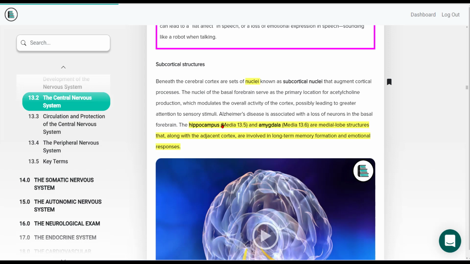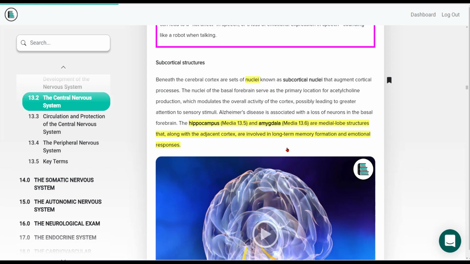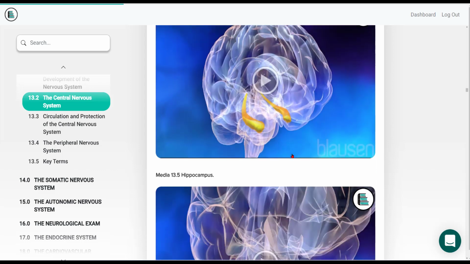So for example, if a person has damage to their frontal lobe, they're going to have issues with movement. If they have damage to their temporal lobe, they may have hearing issues. If they have damage to their occipital lobe, they're going to have visual issues. And it gets even more complex as we go into the brain and we see if there was damage to the hippocampus, the inability to have memories, and amygdala, the emotional responses would be all screwed up.